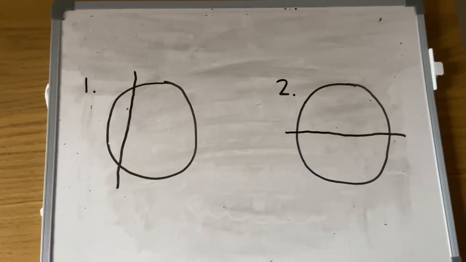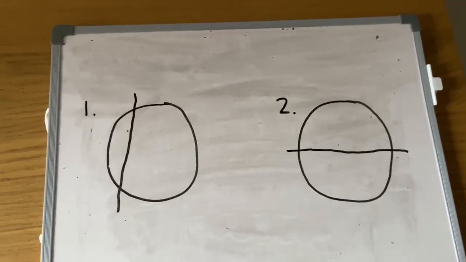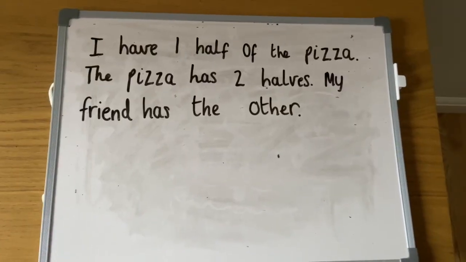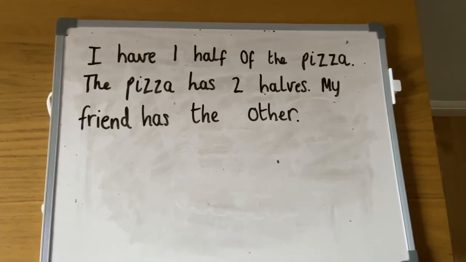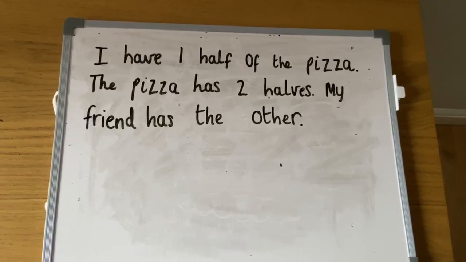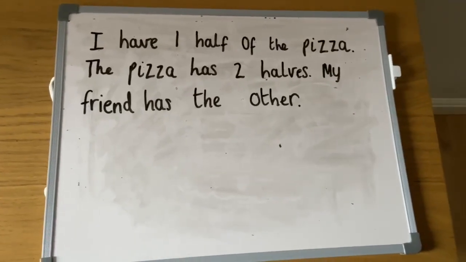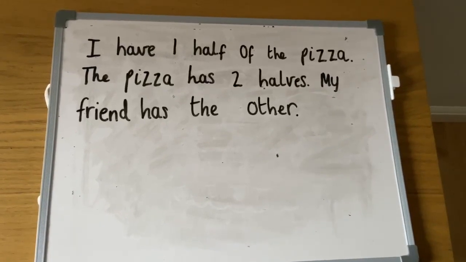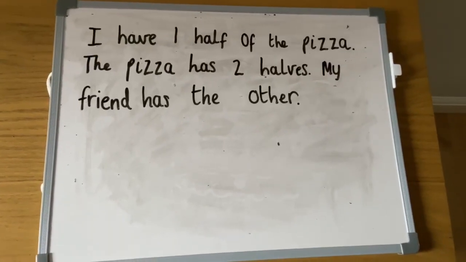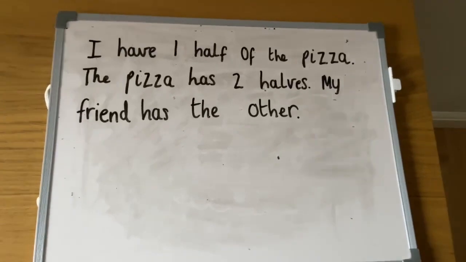Now we know what a half is, we're going to turn this picture into a fraction. Instead of writing out the sentence, I have one half of the pizza as two halves, and my friend has the other, a quick way to say this is through the method of writing a fraction. This is one of the reasons people use fractions, because it's quicker than writing a long sentence.